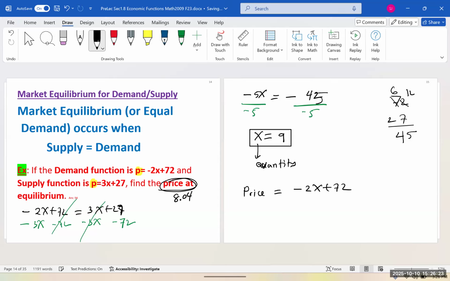Or the other equation, it doesn't matter because it's market equilibrium. Both equations will give you the same thing. So negative 2 times 9 plus 72, which is negative 18 plus 72. So how much is the price? $54.